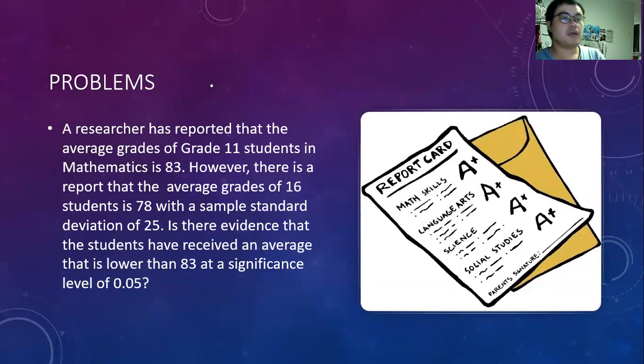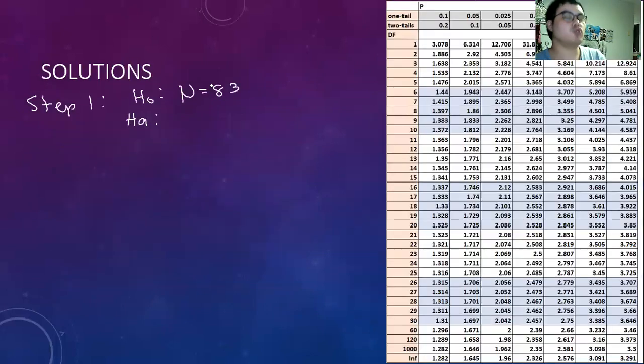Then, based on the question, we're claiming that the students have received an average that is lower than 83. So we're going to state that mu is less than 83. In opposite, mu is greater than or equal to 83. So this is step 1.